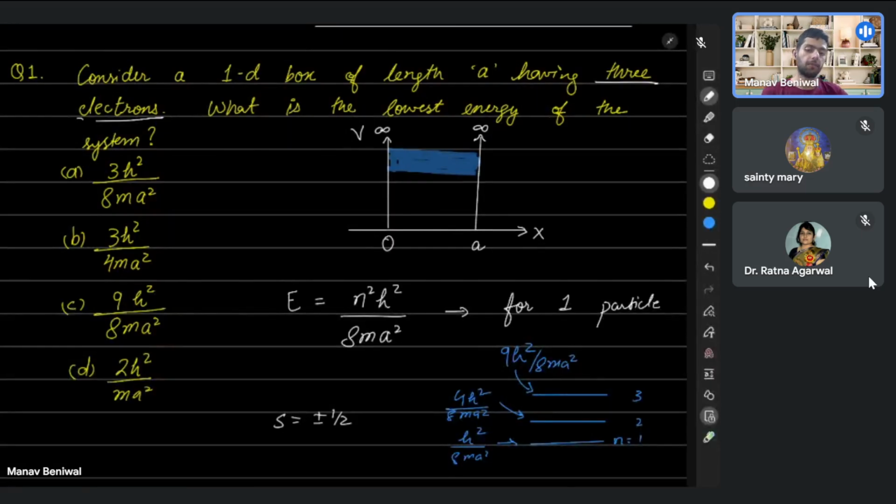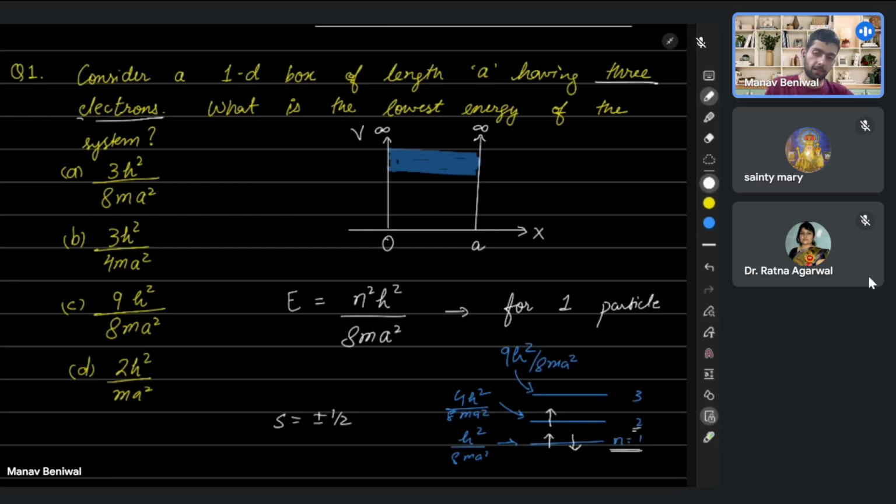So if we start filling these levels with electrons, we get 1 electron here which is up spin, the second electron here which is down spin, and now we cannot fill any more electrons in this level. Now we have to go to the higher level. So this is how our ground state configuration will look. We have 2 electrons in the n equals 1 state and 1 electron in the n equals 2 state. Okay, I hope this is clear.